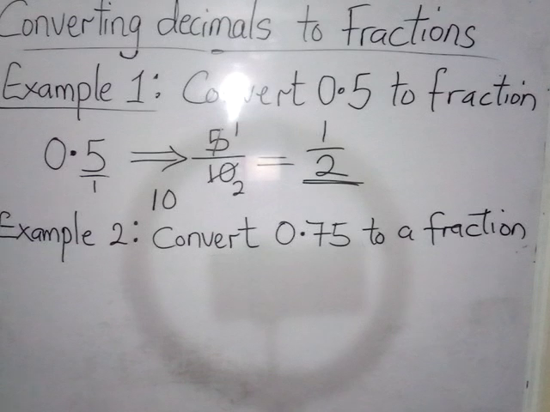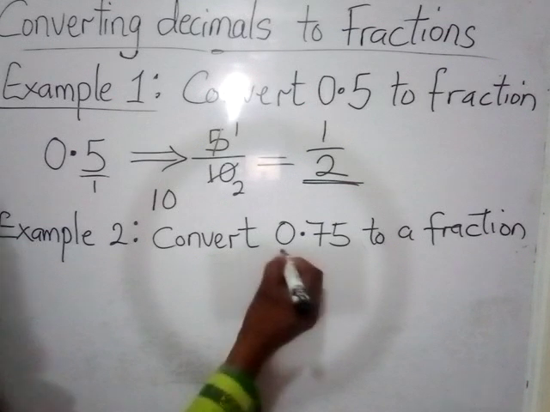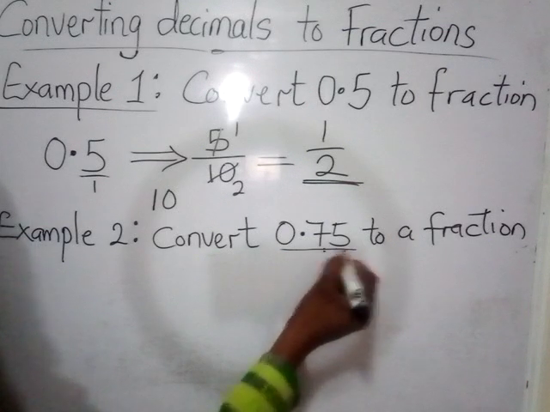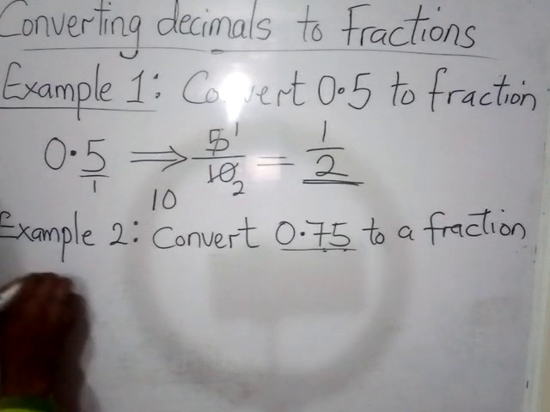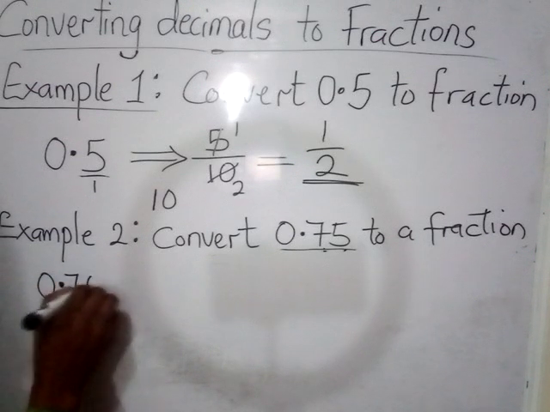Now going by the steps we looked at, the first step is to check the number of decimal places. That simply means check how many digits you have after the point to the right. If you look at this number, we have 1, 2. We have 2 numbers after the point.